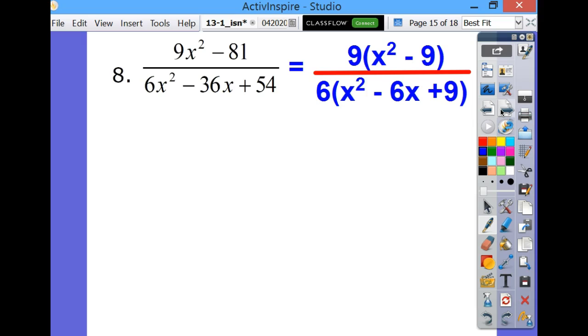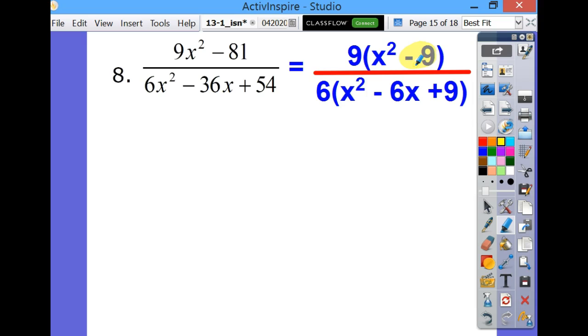Now, this is a pattern you're going to have to start learning to recognize. If it is a binomial and it's minus a perfect square number, it's going to factor like this pattern over here that I have on the board to help you remember it.